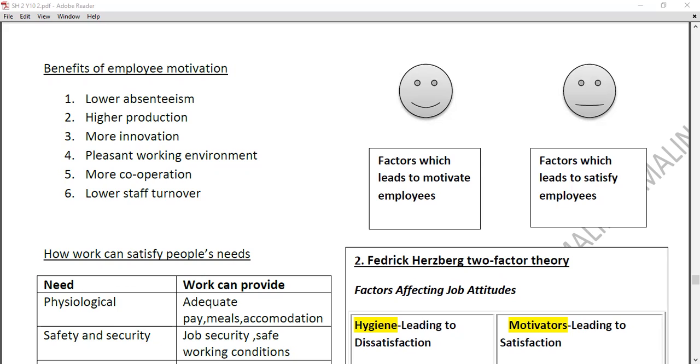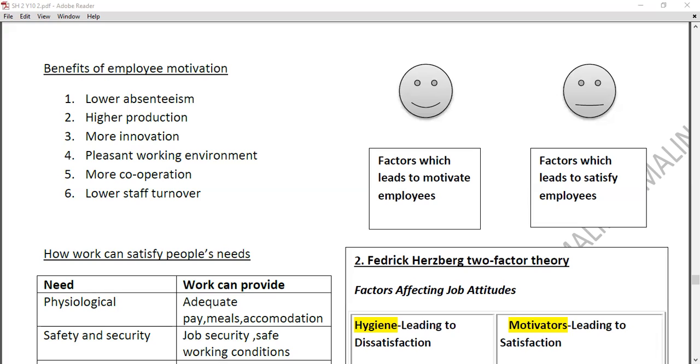So Herzberg said that businesses might find ways of giving workers job satisfaction to motivate them. For example, they would have to ensure that jobs were interesting and that workers' achievements were recognized. Workers must also be given the chance to perform exceptionally well and win promotion.